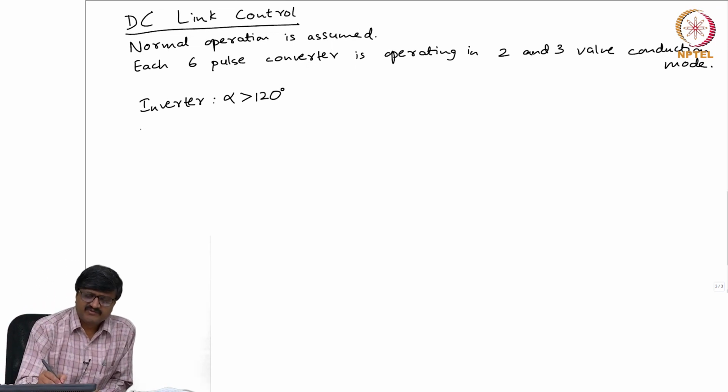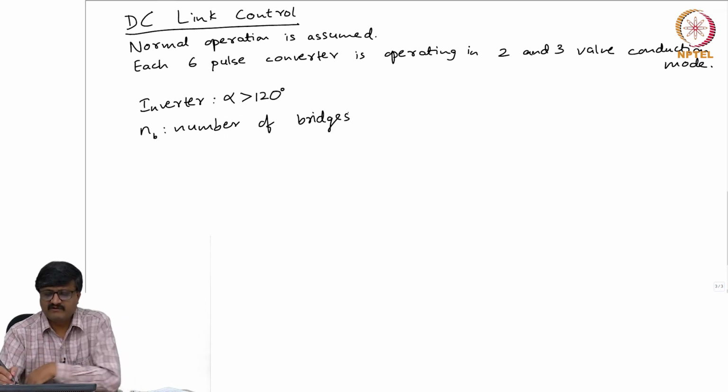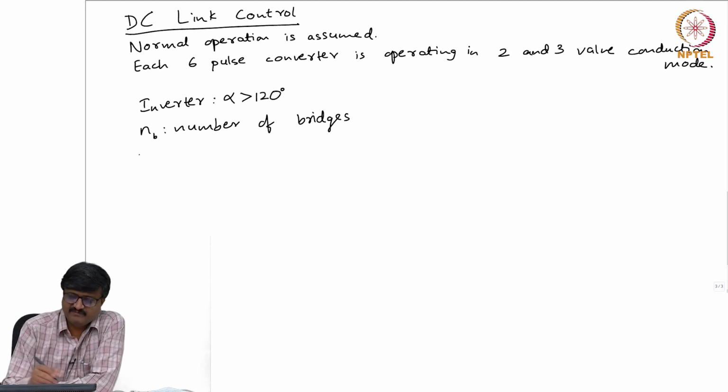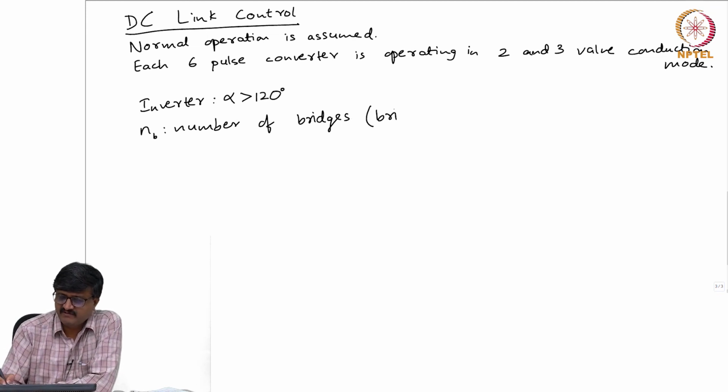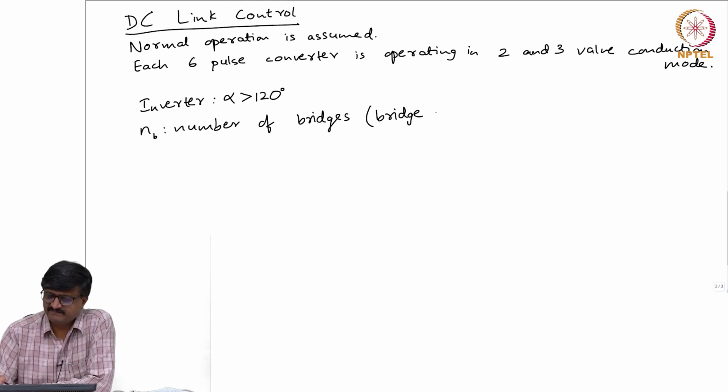Now, I will use some notation, NB. NB is the number of bridges connected in series on the DC side. A bridge is actually a synonym for 6 pulse converter.